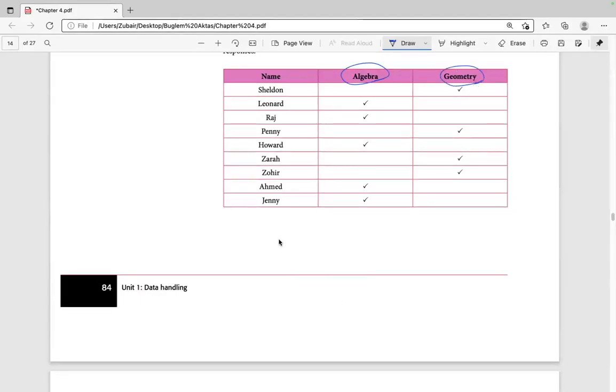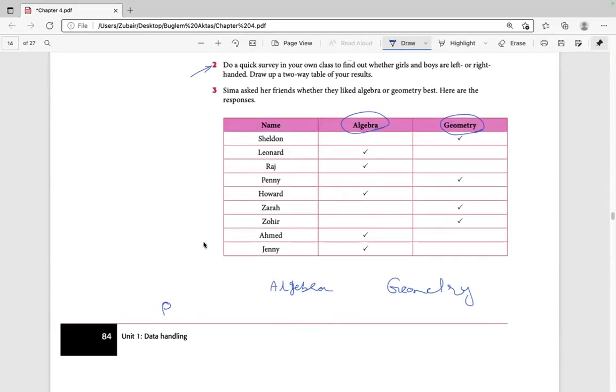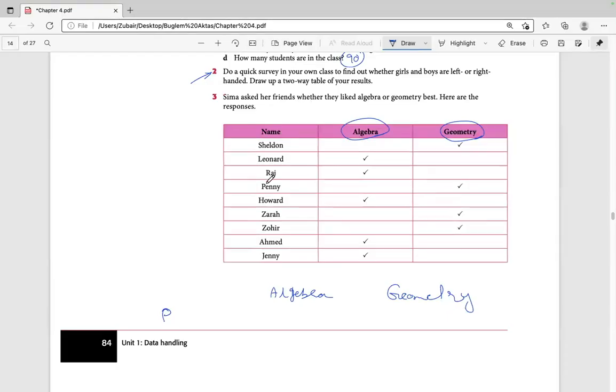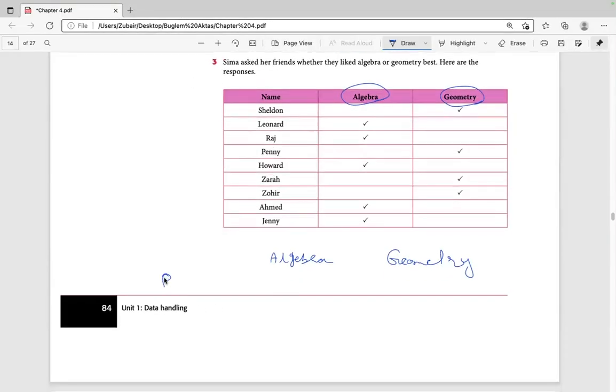If I just write these, may I have these options? Friends, whether they liked. So I was about to write preferred. Likes algebra, doesn't like algebra. Yeah, like or not like.